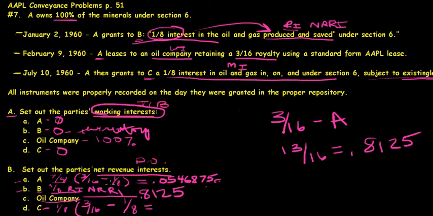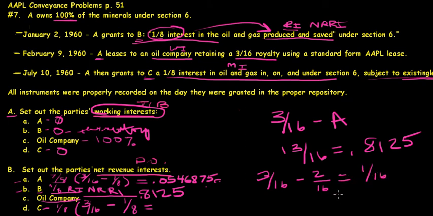Okay, that's going to give us this exact same number as here, 3/16 minus 1/8. But this time, instead of multiplying by 7/8, we're going to multiply by 1/8. So 3/16 minus 2/16, which is what we decided an 8 was earlier, equals 1/16.